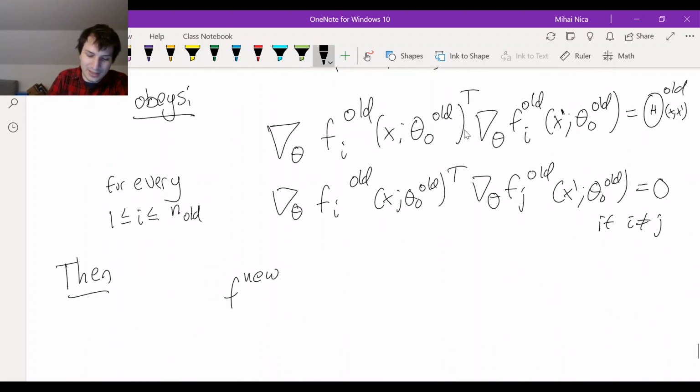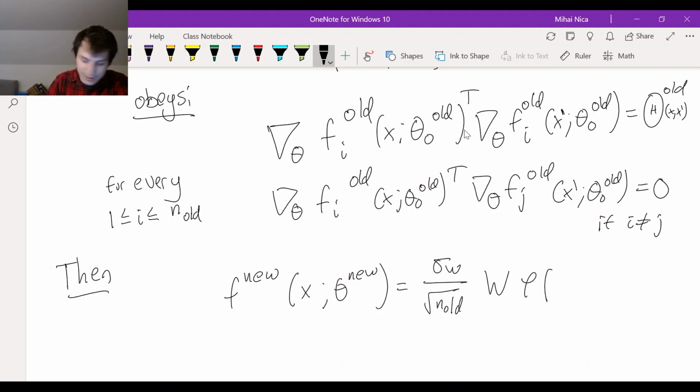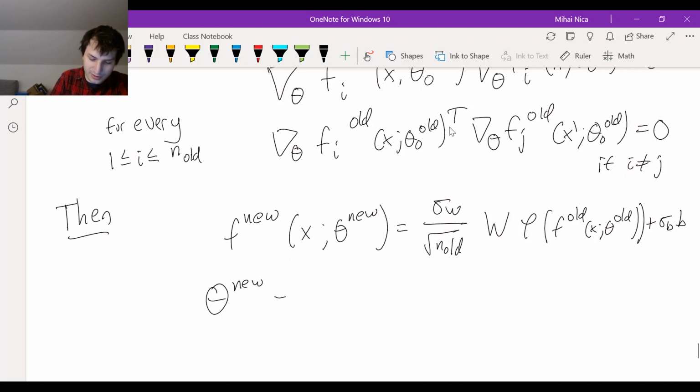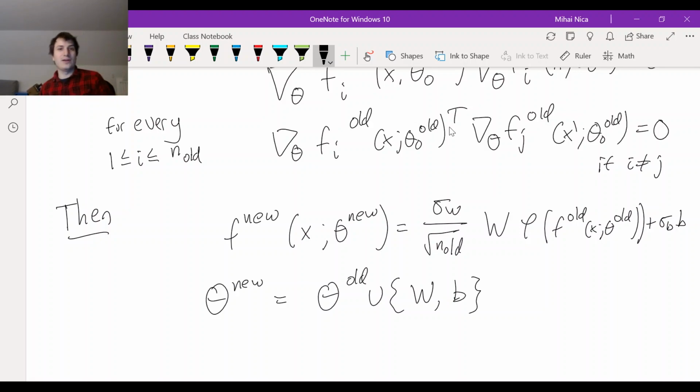So here's the definition. f new of x, theta new is defined to be sigma_w over square root of n old, W phi of f old of x, theta old, plus sigma_b times b. The new parameters are the old parameters union this weight matrix W and bias vector b. So the new function is the old function, but it has these new parameters in it that matter now because we're doing the gradients with respect to the parameters.